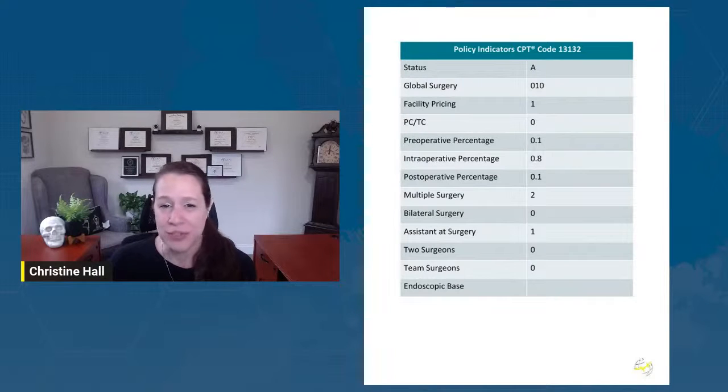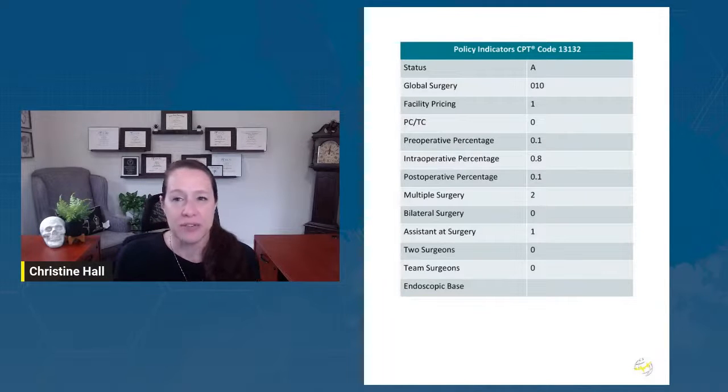All right, let's go back to the original code. I wanted to talk about the post-operative, intraoperative, and preoperative payment percentages. Each surgical code will automatically have those percentages allocated to the code. So for example, this complex repair that we're looking at, 13132, 10% of the payment is to cover that preoperative, evaluating the wound, making the decision that a complex repair is needed versus an intermediate repair.